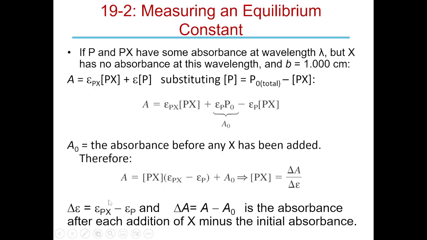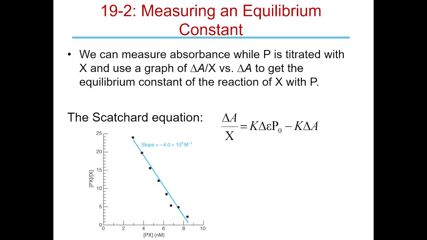It's the extinction coefficient for PX minus extinction coefficient for P. The change in absorbance is these terms here. See that? We've just rearranged them. So the absorbance minus the absorbance at time 0, or initial absorbance, before you added any of the X species.